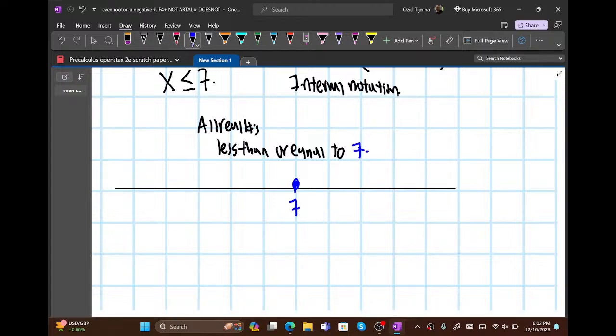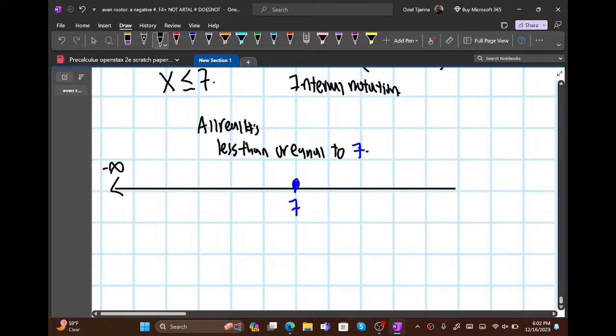So in other words, we're going to go ahead and just do from negative infinity. So here's negative infinity, here's 7. We're going to put a parentheses at negative infinity, a bracket at 7, and just shade all the real numbers that are between negative infinity and 7.